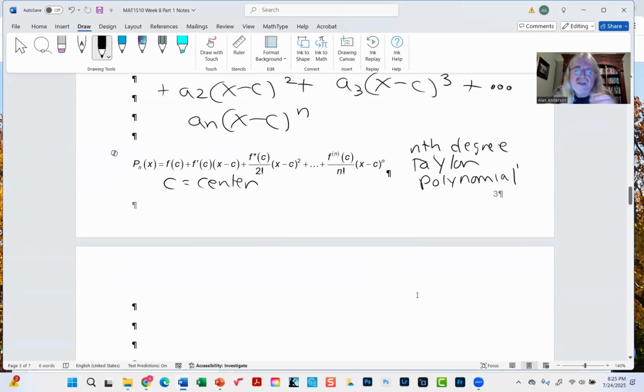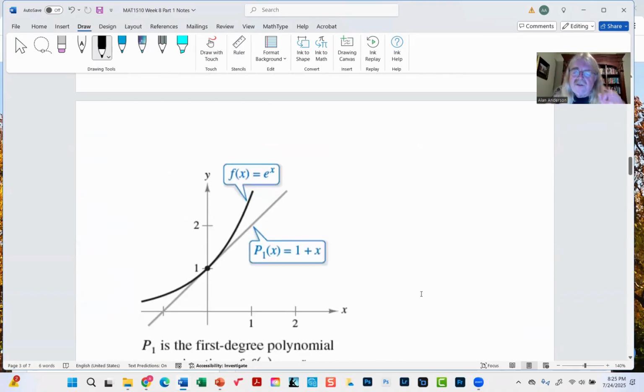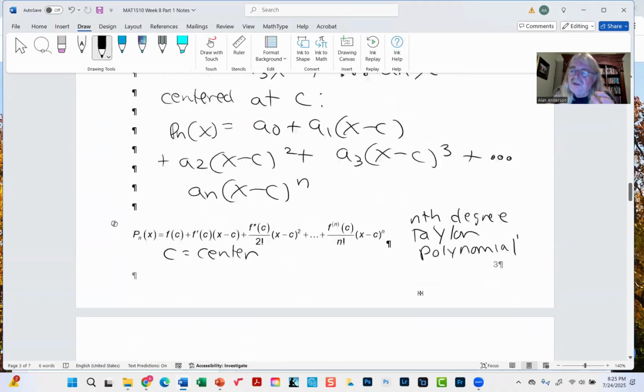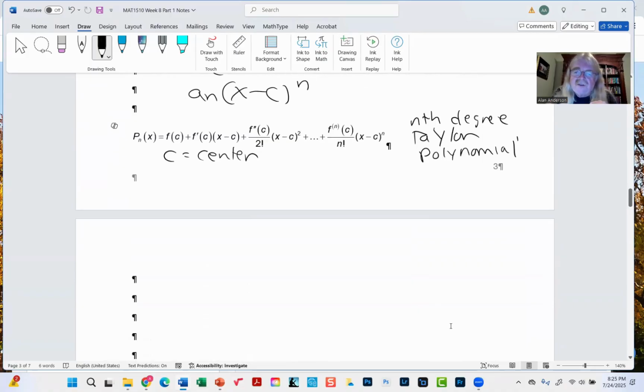Okay, so in other words, we can have as many of these terms as we want. Up here, we used a linear function, and that might have been good enough. But if we need a quadratic function, then we just add one more term.